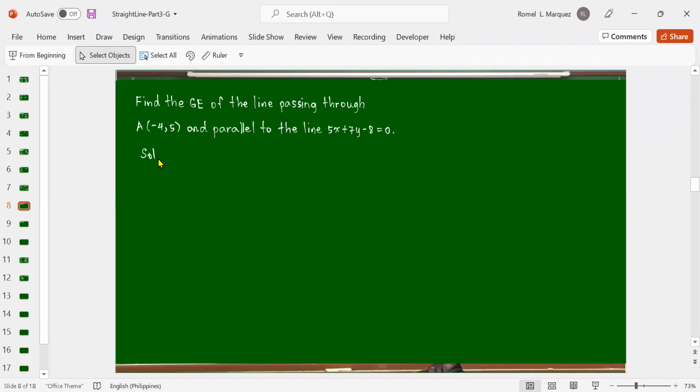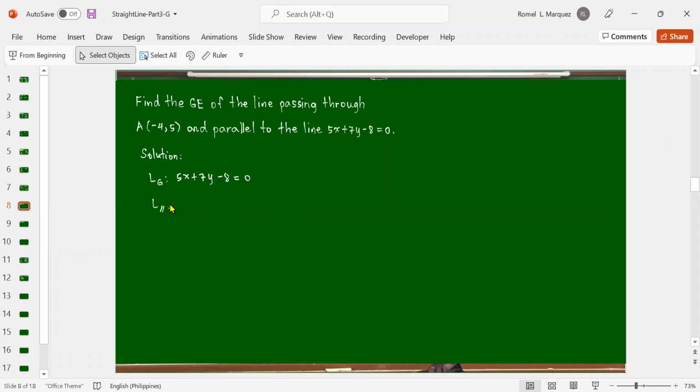So let's apply the principle that we have discussed a while ago. We have the line given, that is 5x plus 7y minus 8 equals 0. Then, what about the line required?